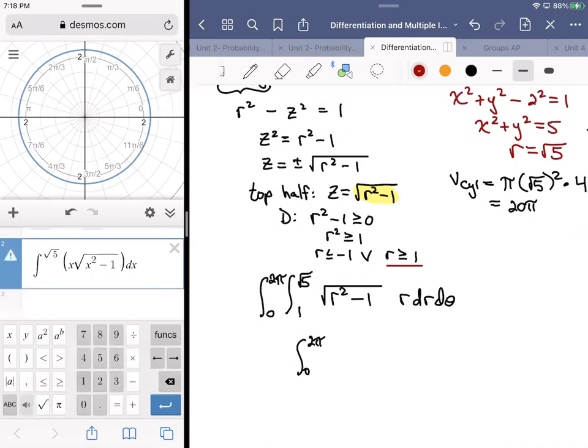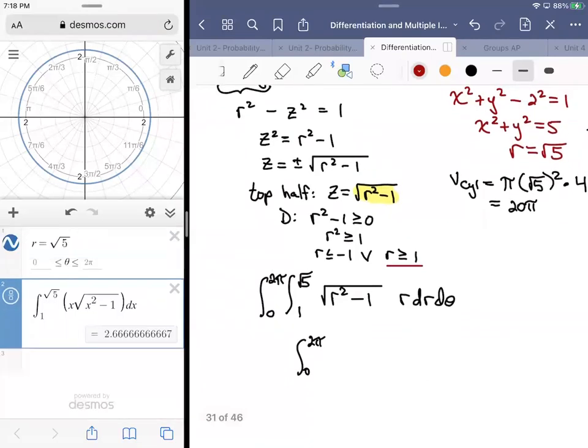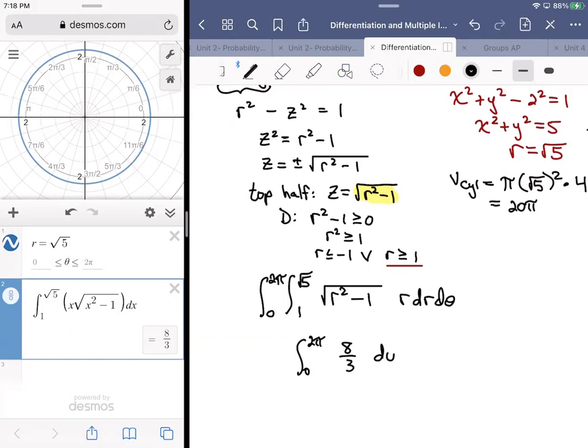Well, fortunately, Desmos helped me out there. Hey, it's fractionable. That's good news. 8/3. d theta. The rest you can actually do by hand. Usually I go the other way. You know, you say, you know what?